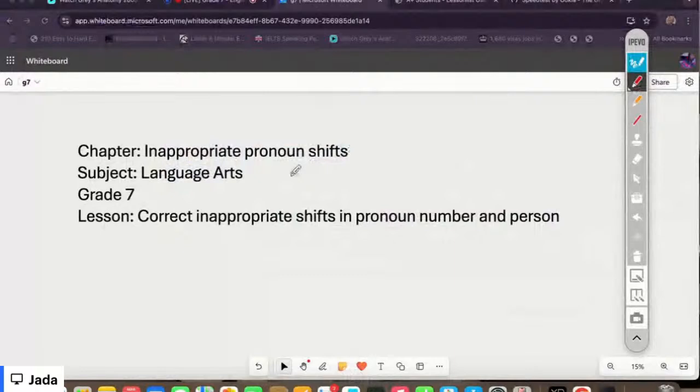Today our lesson will be inappropriate pronoun shift. First, you have to log in using aplusstudent.com.